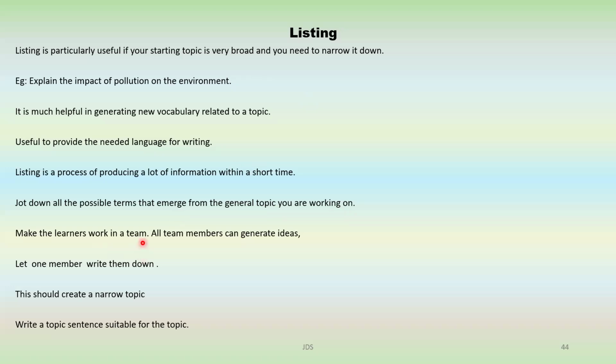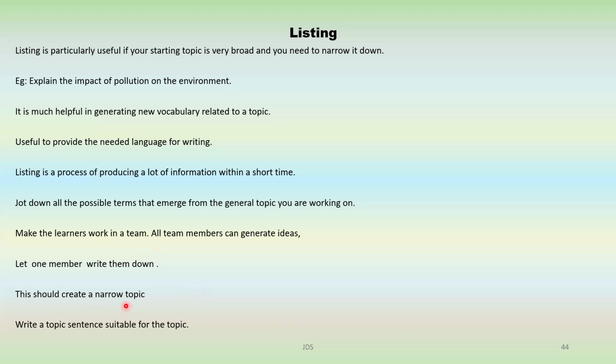You can make them brainstorm and list down the important language expressions or topics individually, but ultimately they have to pool their ideas and prepare the final draft. All team members can generate ideas. Let one member write them down. So they pool their ideas together and prepare the final copy.